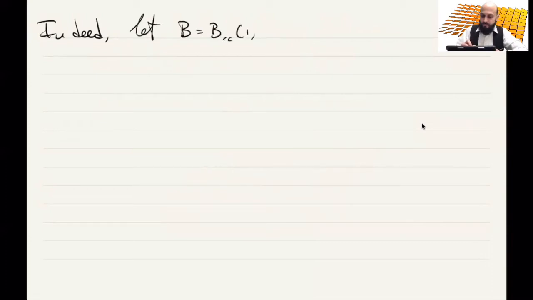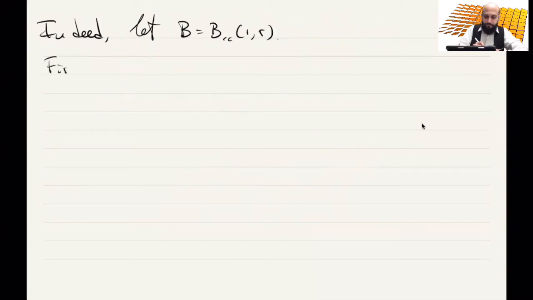So indeed, let's consider a ball of radius r, B, the CC ball.